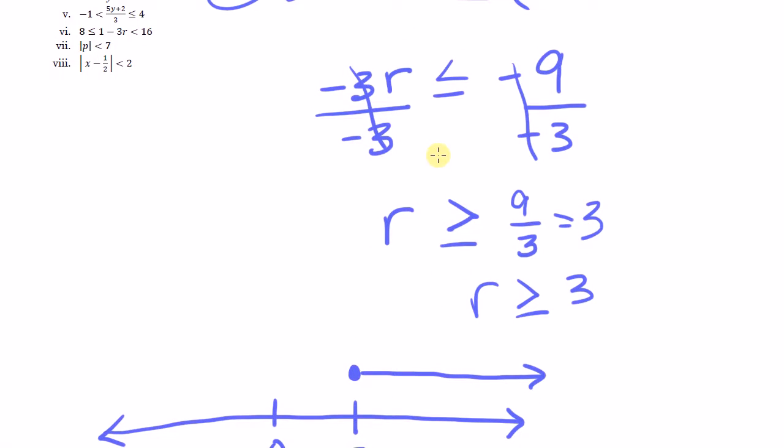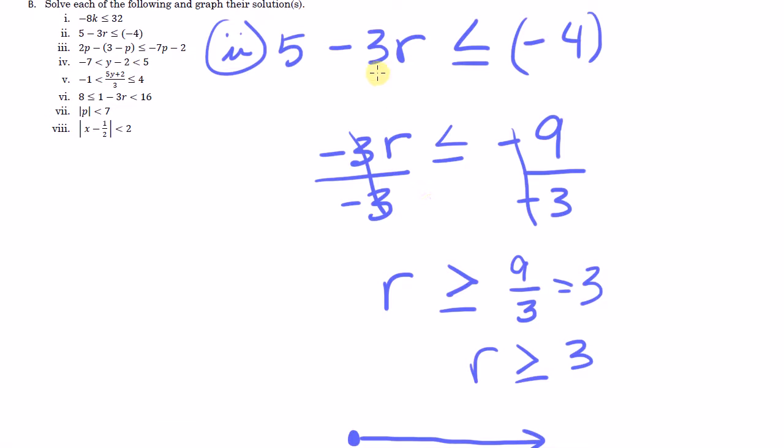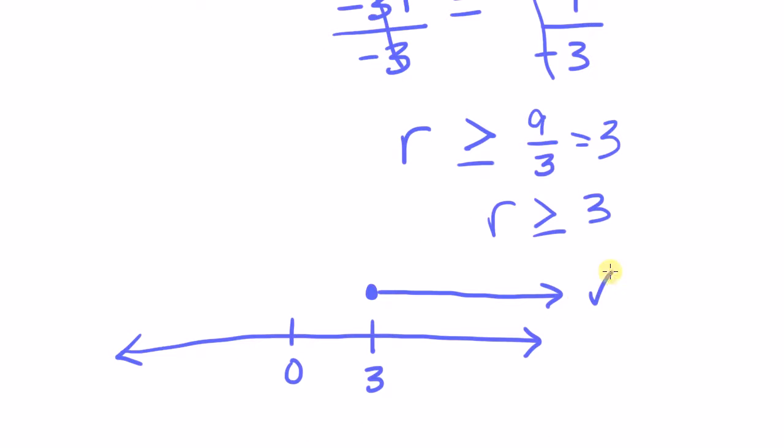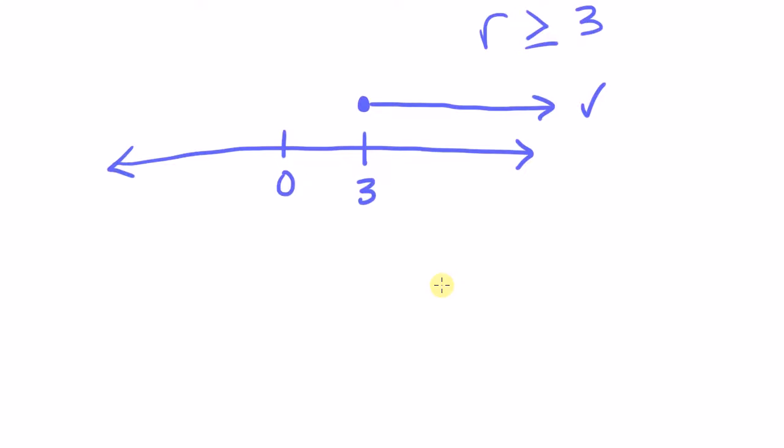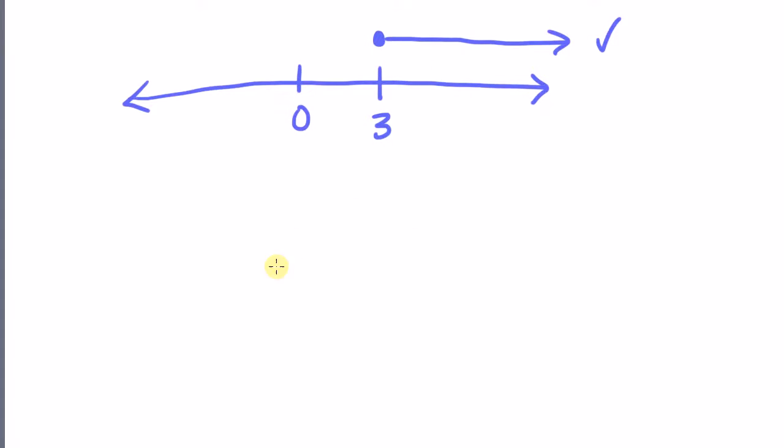So let's say 5. I plug in 5 here. I get 3 times 5 is negative 15. Negative 15 plus 5 is negative 10. Is negative 10 less than or equal to negative 4? Yep. So it checks out. So I'm comfortable with my solution, and now I am going to do it in interval notation. So for this, we are going to say that from 3, including 3, to infinity is the solution.